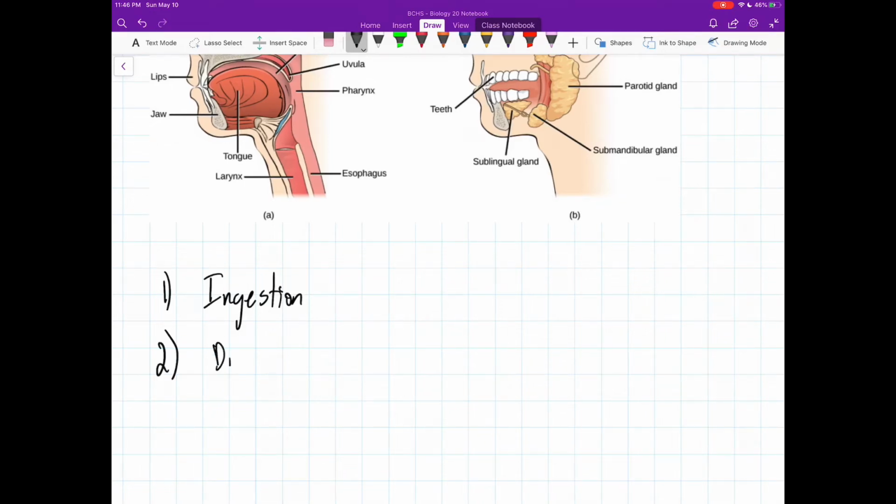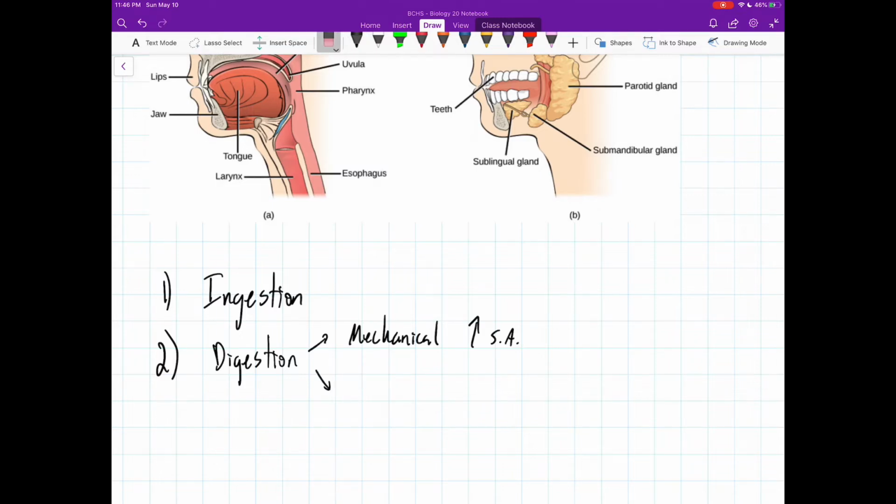Second step is digestion. And there's essentially 2 types. There's mechanical, the physical breakdown of food into smaller pieces. The purpose of this is to increase the surface area. If we can increase the surface area of food, it's going to help enzymes actually get to the site of the food and break it down. The second type is called chemical.